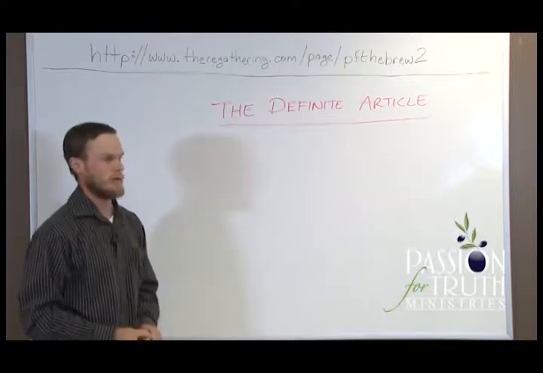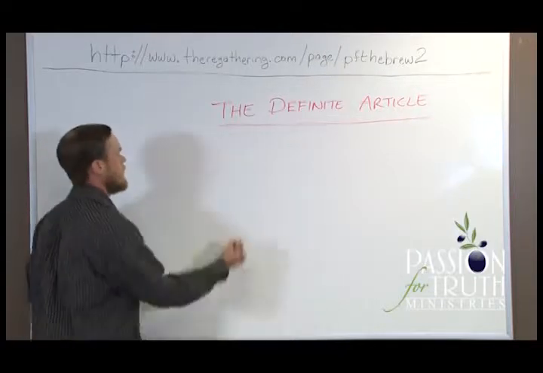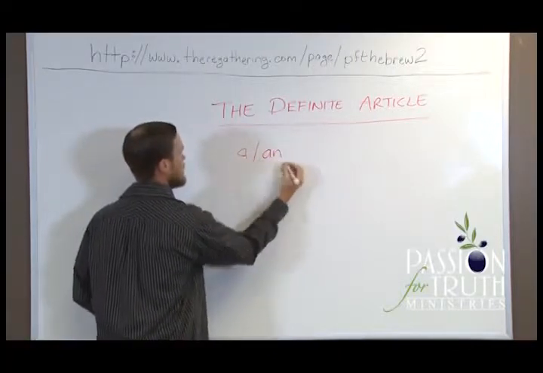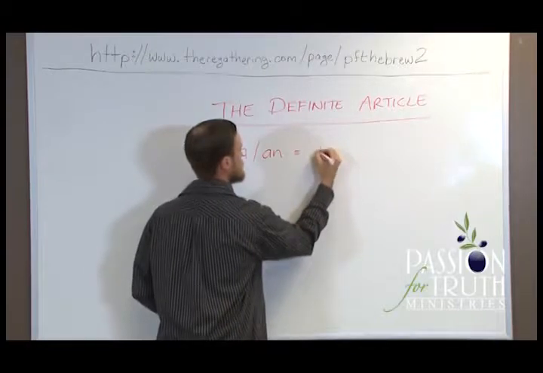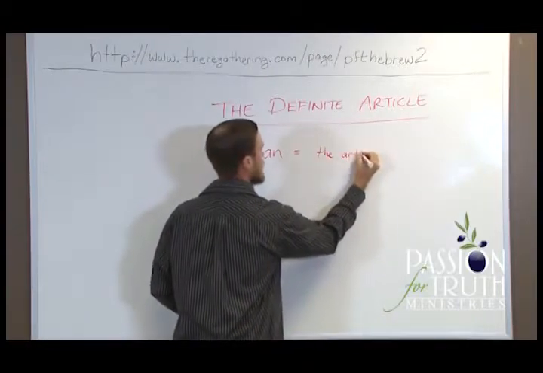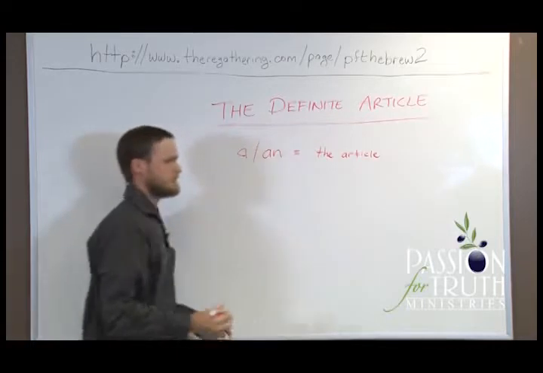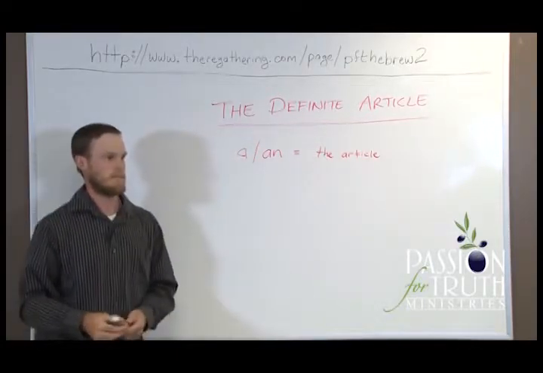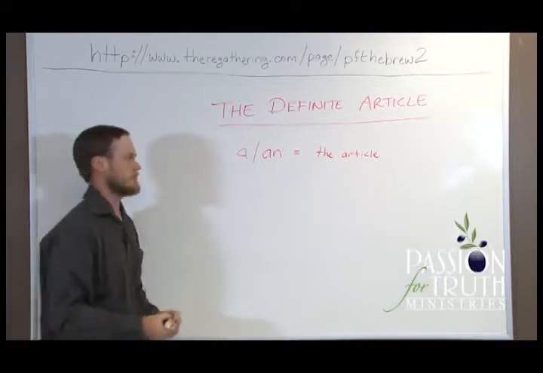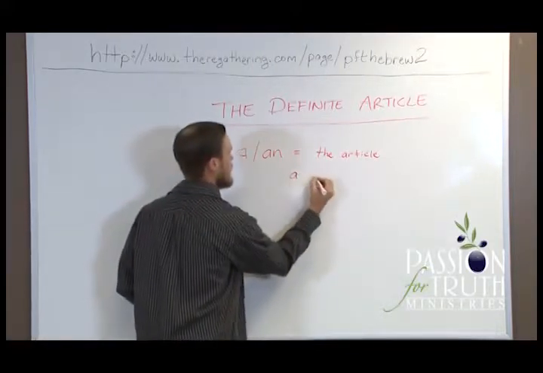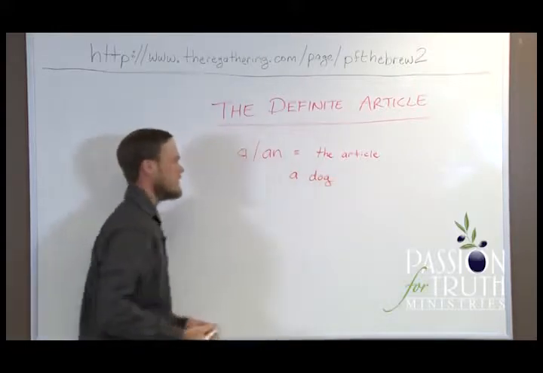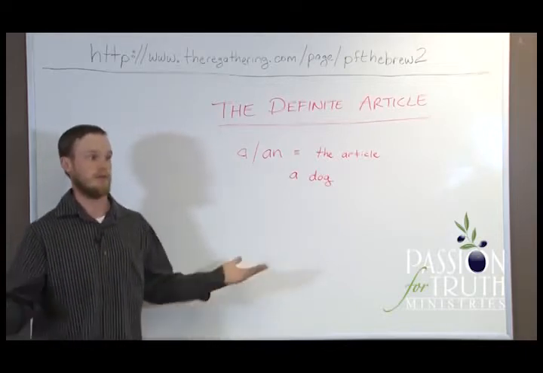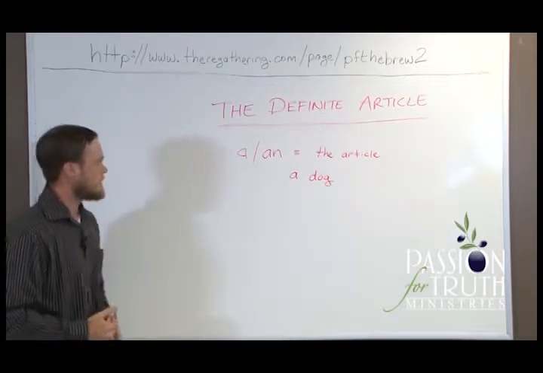In English, we have a word that we call the article, and this word is a or an. When we use this word, it means one, but it means one in a general sense. So a dog means one dog, but it means just a dog. It's not referring to a specific dog, it's referring to a dog in general.